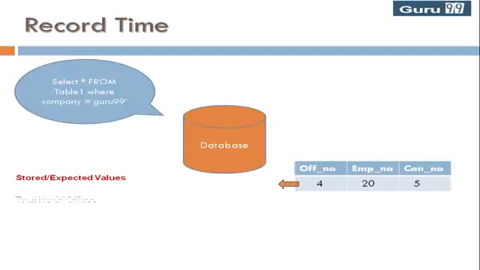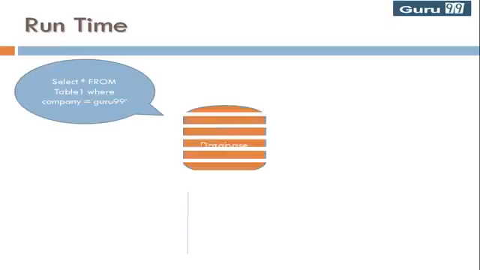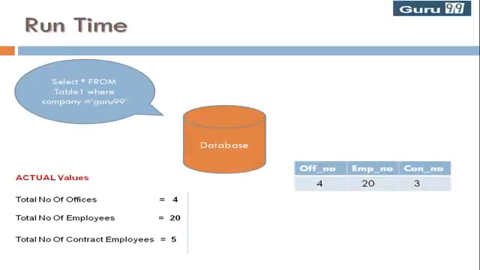In this case, the column office number, which is the total number of offices, is stored. The column employee number, which is the total number of employees, is stored. The column contact number, which is the total number of contact employees, is stored. During runtime, the same query is again sent to the database, and the database values are fetched and compared with the actual values stored earlier.